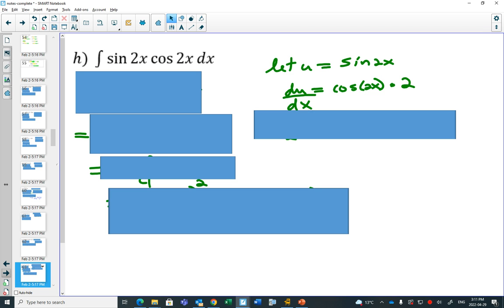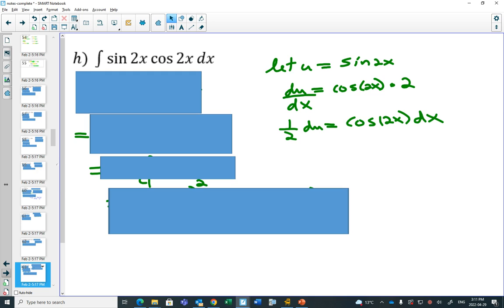But we don't have that extra times 2 in here. So when we rearrange this, we want to get the cos 2x dx by itself. So I'm going to need to move my 2 to the side with the du, and I have a half du is equal to cos 2x dx.